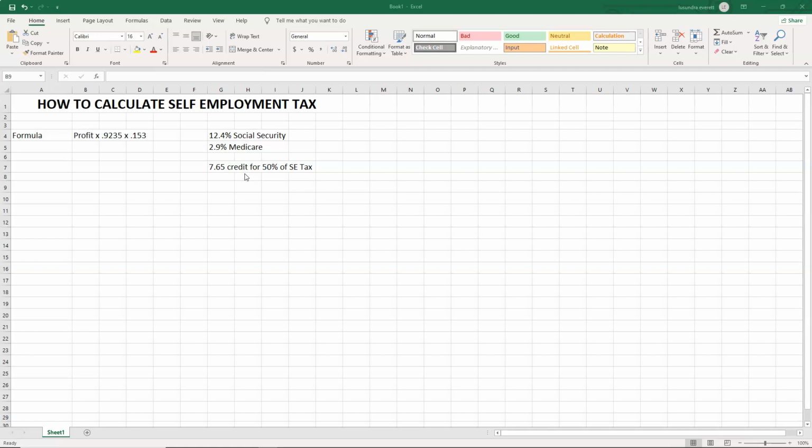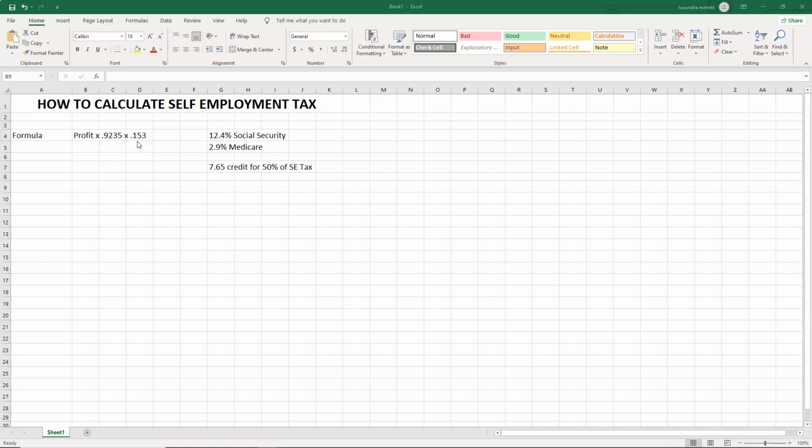So it reduces your taxable income. Okay, so if you take that 7.65 times 2, that will give you your 15.3% right here. Okay, so you take that 7.65 and subtract it from 100%. That's what gets you to 0.9235 or 92.35%.